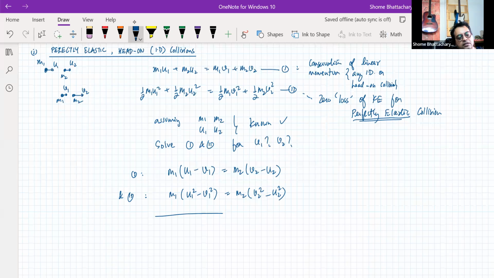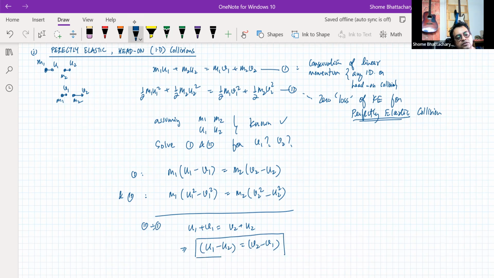Now if I do equation 2 divided by equation 1, you can see that you get an additional equation which is very easy to handle: U1 plus V1 is equal to V2 plus U2. This additional equation has a huge significance, which you can understand from the diagram above.